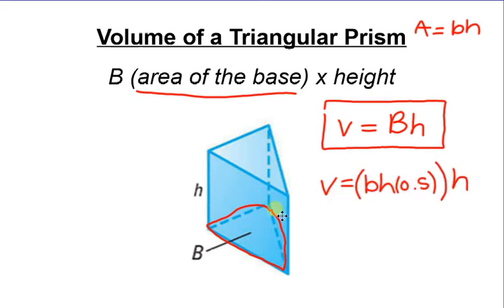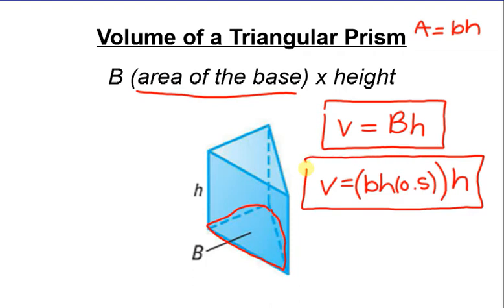Because the base is a triangle, we know that the area is base times height times 0.5, or if you like to divide by 2, that's fine, times the height of the entire prism. So if I were you, on your sheet, I would write the formula both ways so that you know that this big B stands for the area of the base and not just one of the dimensions.